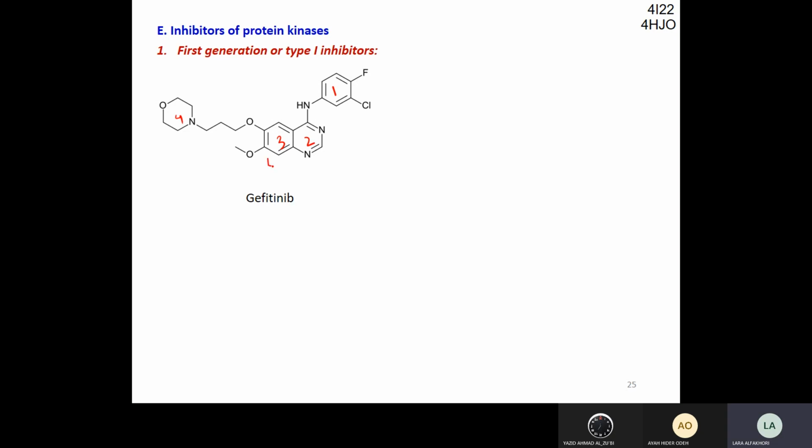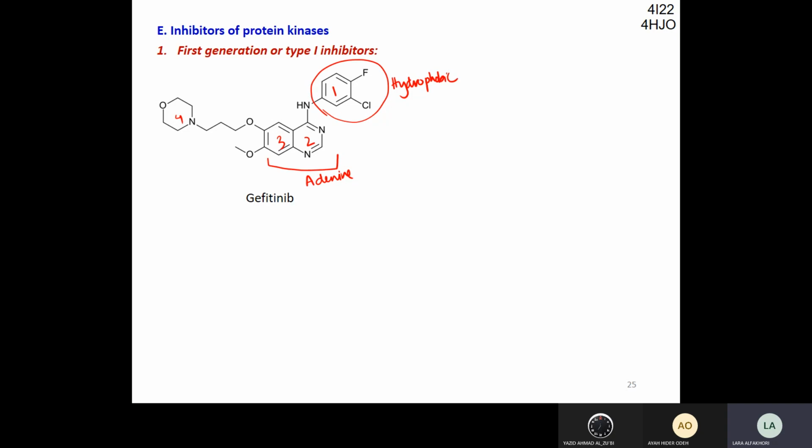Yeah, this part in here is the one that will occupy the adenine. Okay. What about this one in here? Surely it doesn't bind to the hinge region, but do you think it will reach the hydrophobic pocket? Yes. This one will occupy the hydrophobic pocket.